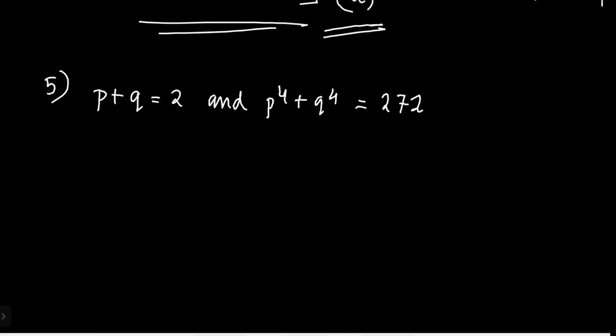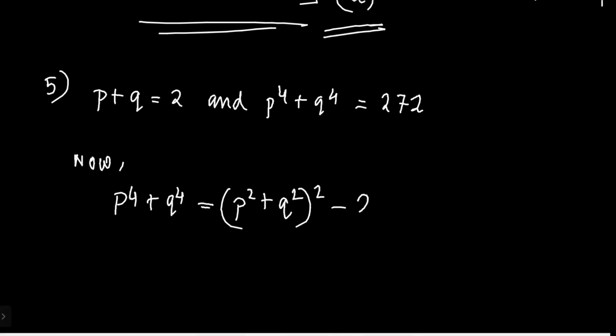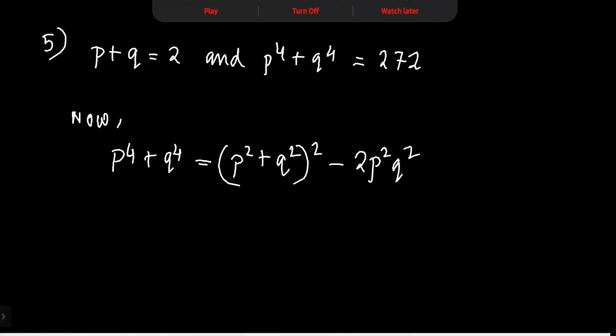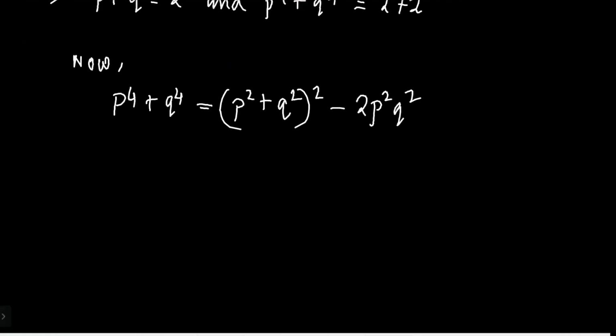We can write p to the power 4 plus q to the power 4 as p square plus q square whole square minus 2p square q square. It is just the formula of a square plus b square, that is a plus b whole square minus 2ab. Now p to the power 4 plus q to the power 4 is given, that is 272, equal to p square plus q square whole square minus 2p square q square.